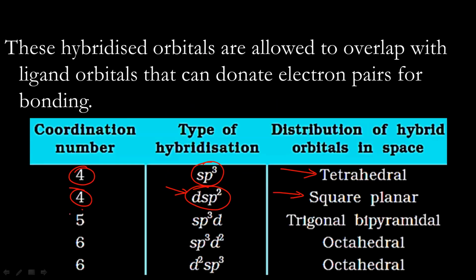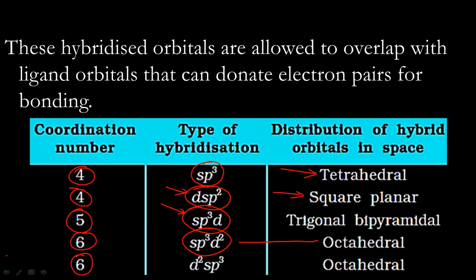Then if there are 5, it will be sp3d, trigonal bipyramidal. So remember, 5 orbitals will form 5 hybrids. This is something you have done in 11th. Here for 6 orbitals, sp3d2, octahedral, 6 hybrids.